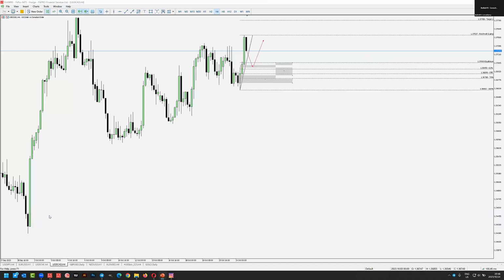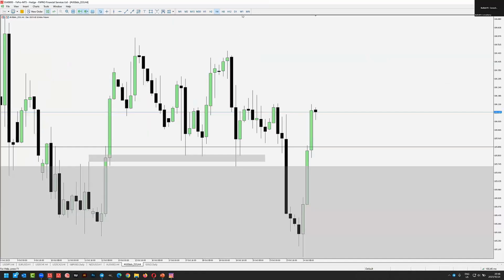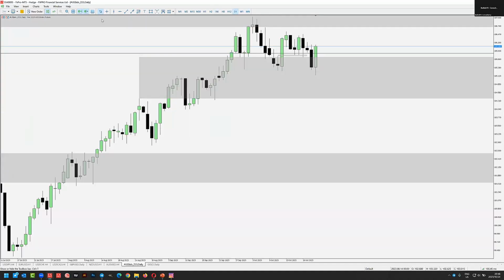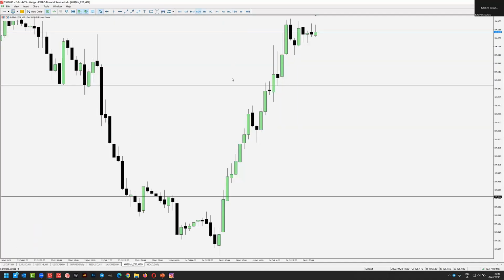If we go to dollar index, then we go to the daily chart. So this is today's opening price right there. I'm going to go to the 15-minute time frame. That's our open.